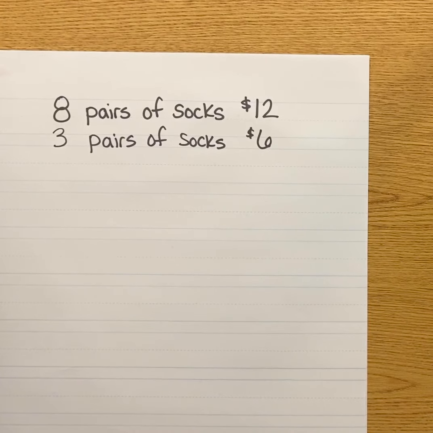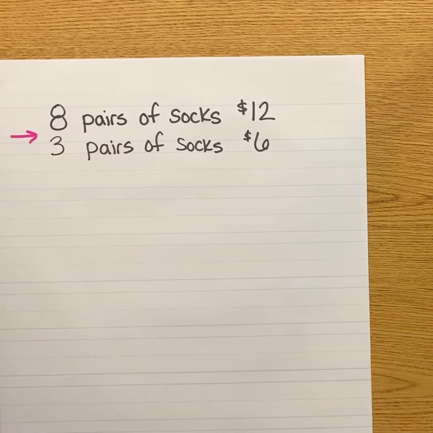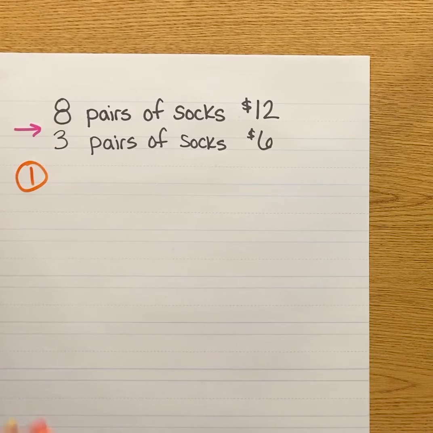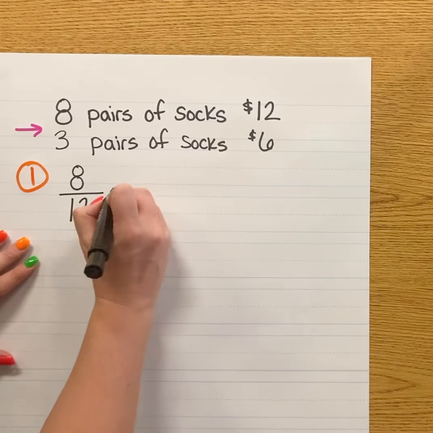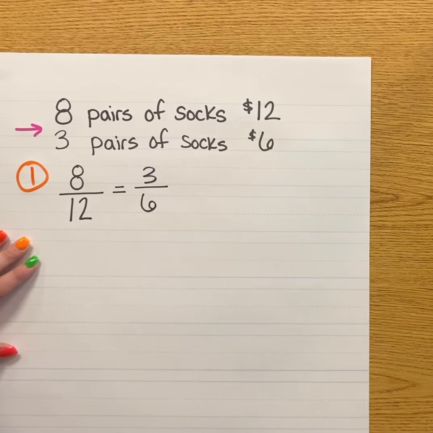All right, so I need to see if they are equivalent, if either way I'm really going to be paying the same amount for each pair of socks. So I'm going to use my first way. And I am going to set this up. 8 over 12 equals 3 over 6.